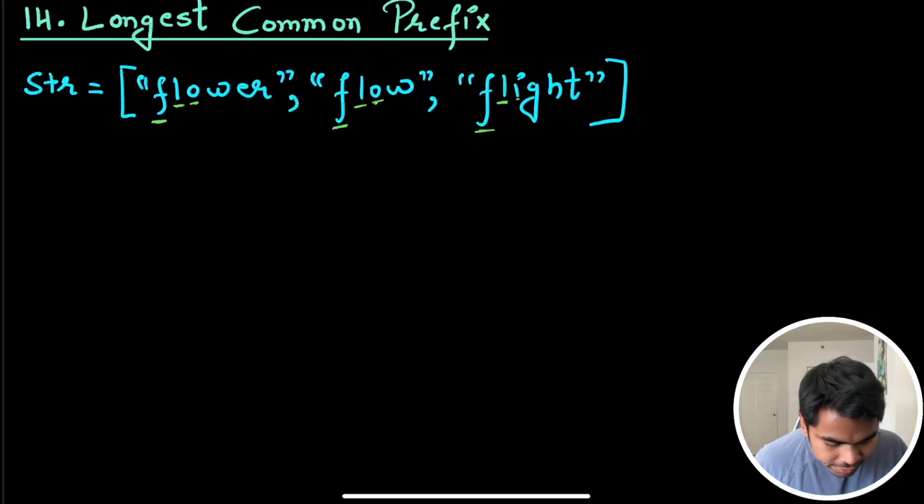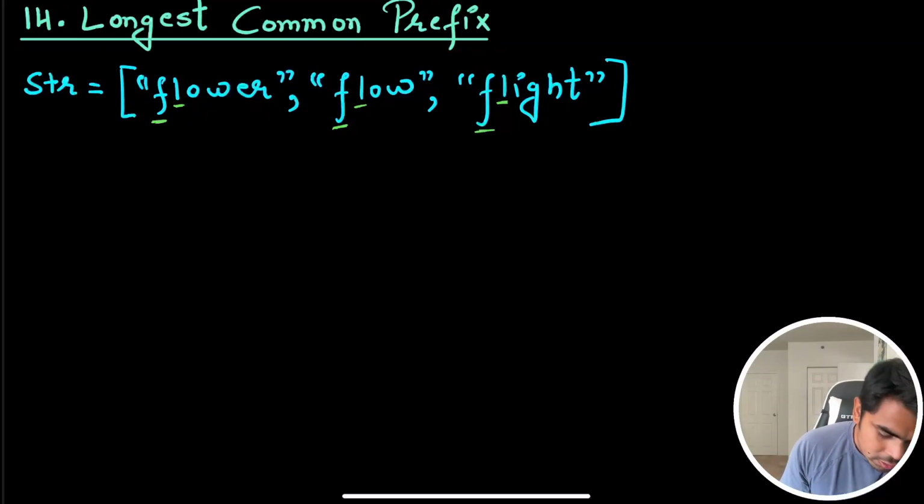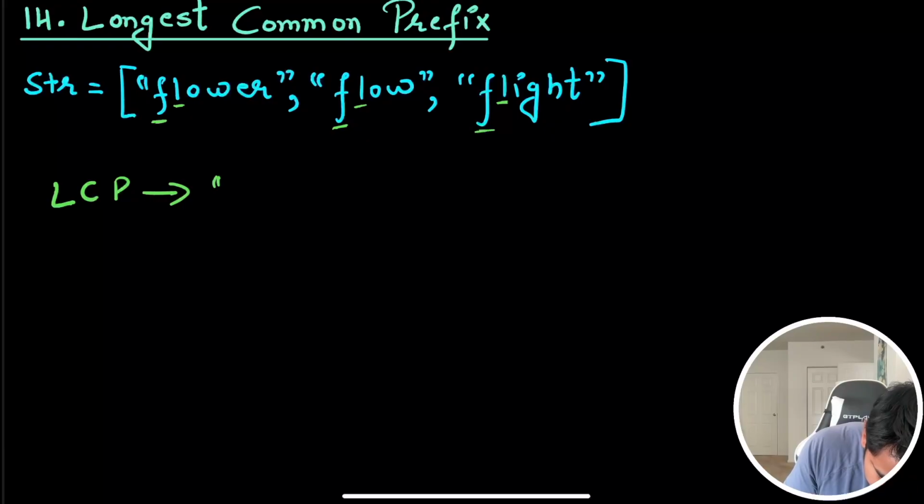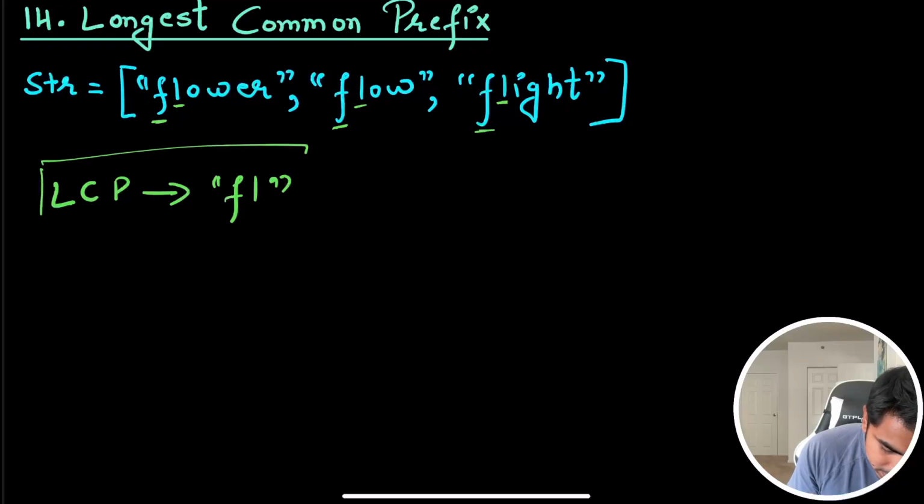So that is why only two characters are common in all the strings given to us in the string array. So our longest common prefix here would be FL. That will be our answer.